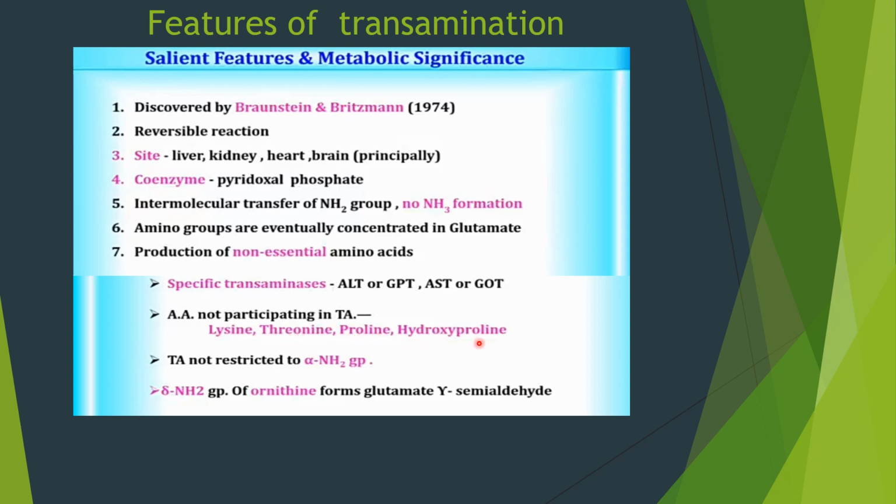The transamination reactions are not restricted to only alpha amino group, because the delta amino group of ornithine forms glutamate gamma semialdehyde. So we can say that transamination is not restricted to only alpha amino group, but the delta amino group can also undergo transamination reaction.